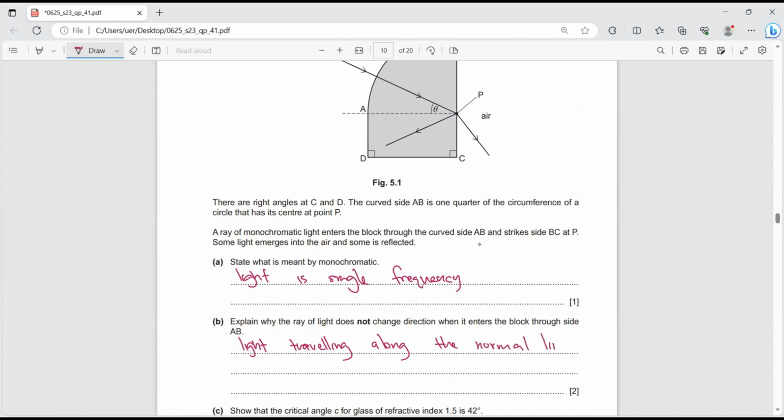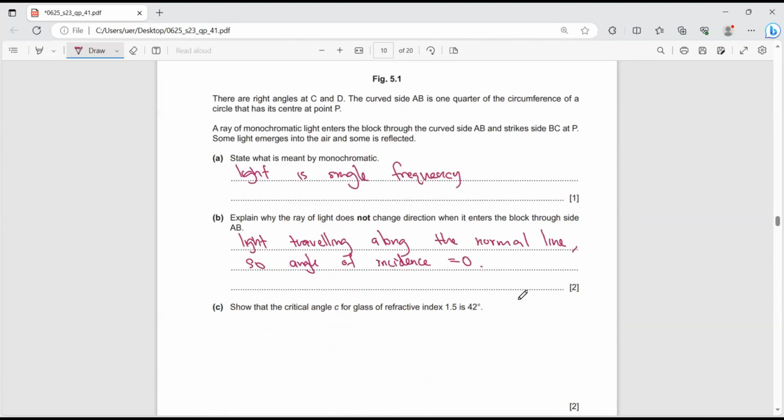That's one mark; what is the second mark? The angle of incidence equals 0, then the angle of refraction will equal 0 as well.